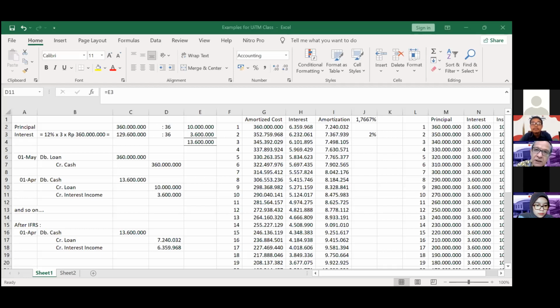Actually, there are maybe three kinds of hedging transaction. What do you call it? Cash flow hedge, then there is also fair value hedge.